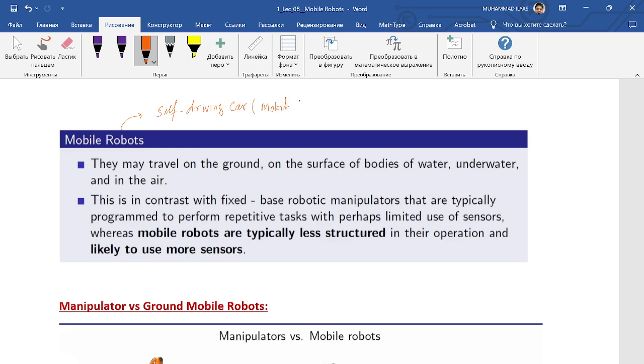You see the environment of a road: everything is moving. There are very few things which are static. People are moving, vehicles are moving, and the self-driving car, the robot itself, is moving. So everything is dynamic. To get the real-time position and orientation of the robot itself and the environment around it is very difficult. So this means a less structured environment.